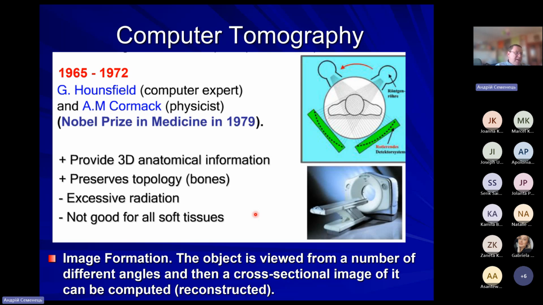Later, with the development of more advanced computer systems, it became possible to reconstruct and visualize three-dimensional anatomical models. Later, it also became possible to add visualization of not only hard tissues like bones, but even softer tissues.